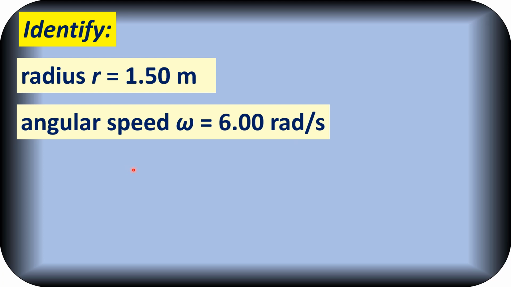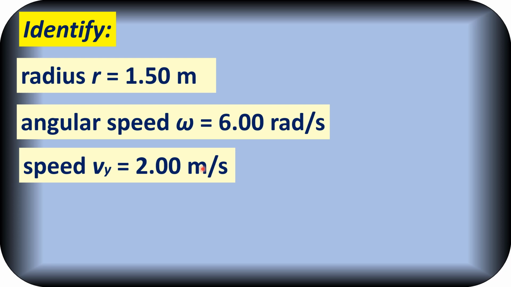While swinging the hammer, Harley Quinn ascends with a constant vertical speed of 2.00 meters per second. So this speed v sub y is also considered to be the vertical speed of the tip of the hammer, and this is perpendicular to the tangential velocity v sub tan of the tip of the hammer.